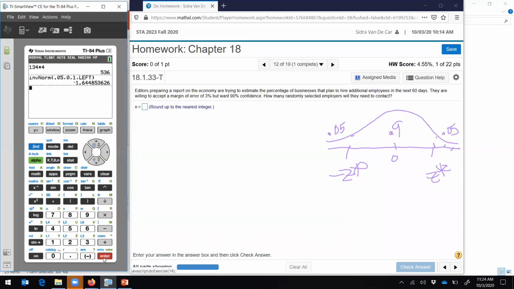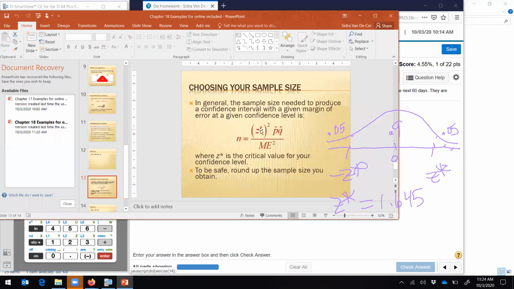We get 1.645. So my critical Z is 1.645. All right, let's see what else we need here. So that goes here in the formula. Then I need the P hat, Q hat, and then over the margin of error squared.